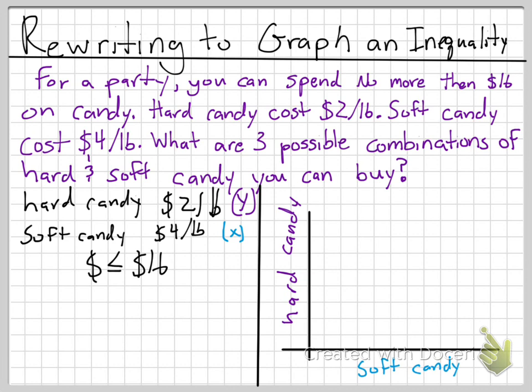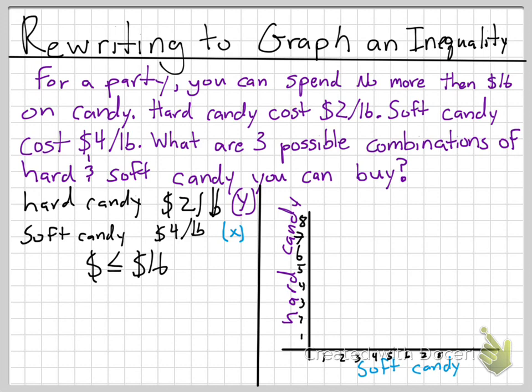We're just going to go by ones: 1, 2, 3, 4, 5, 6, 7, 8, and 1, 2, 3, 4, 5, 6, 7, 8, to keep things even.